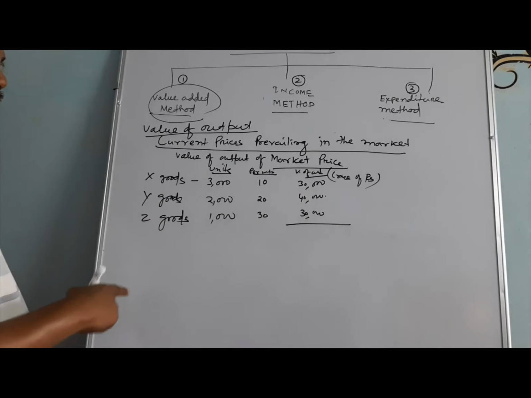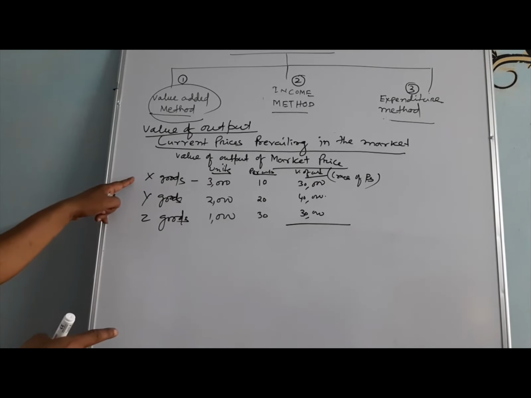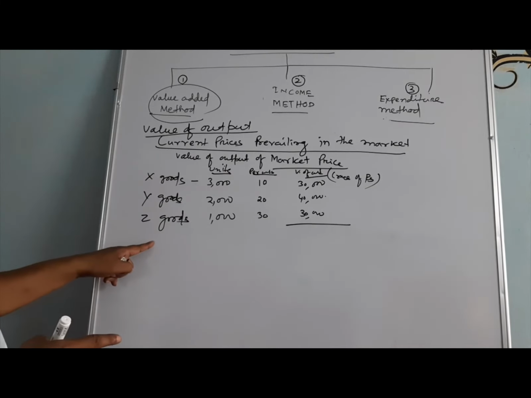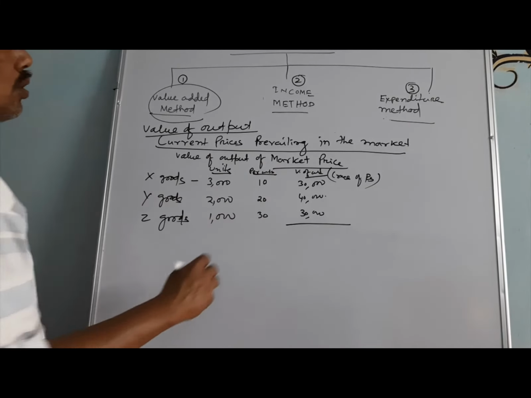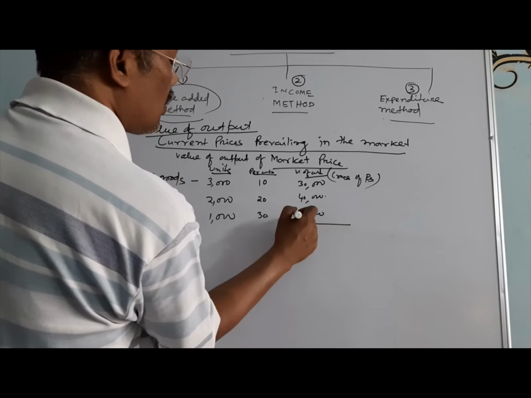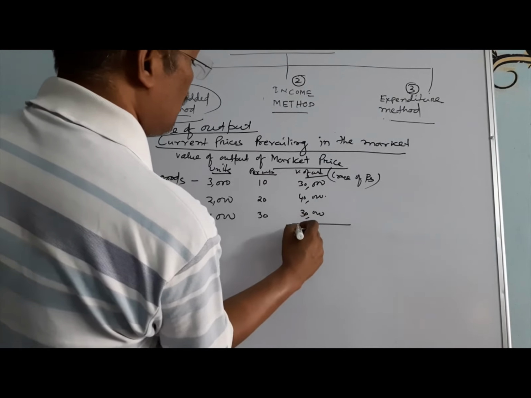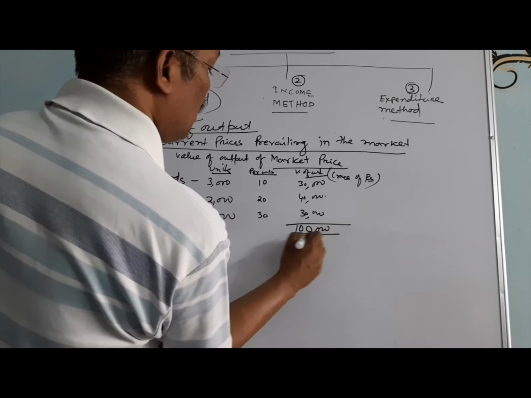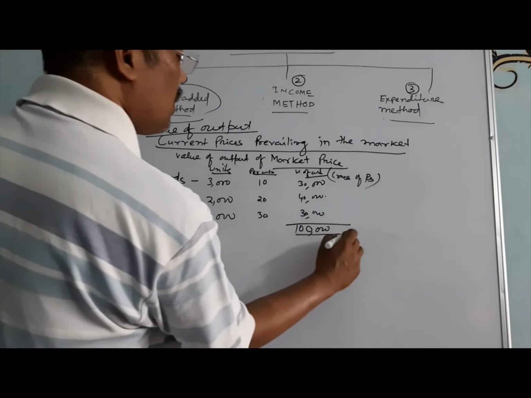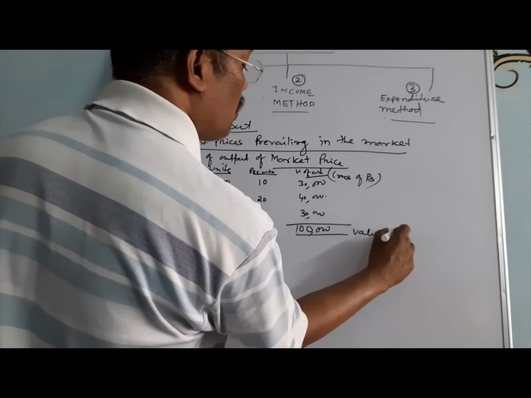So the total goods in an economy, X goods, Y goods and Z goods, the value is 100,000 crores of rupees, which will be the value of output.